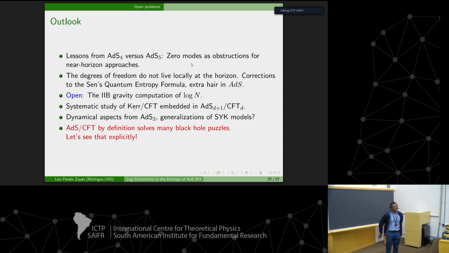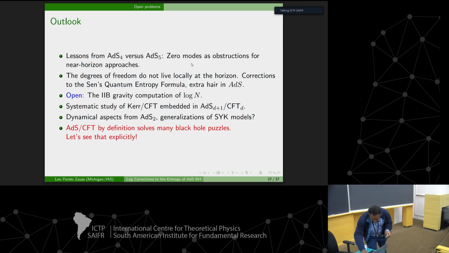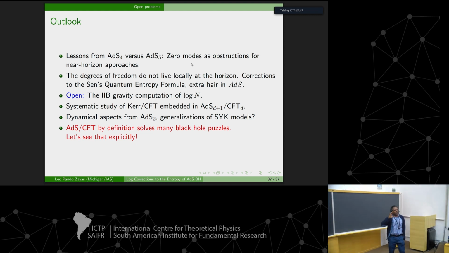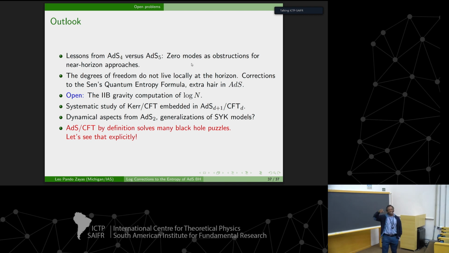So I have not thought about Rindler much, but in my first slide, I mentioned, maybe I didn't say it, but I wrote it, that Ashoke Sen has computed log corrections for Schwarzschild, and then he used that to say, well, here's what Schwarzschild says, and I told you the litmus test.